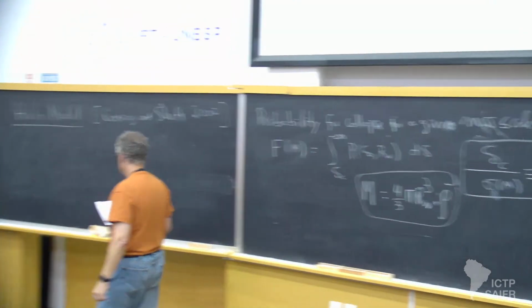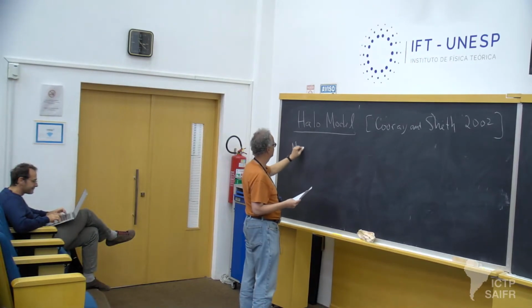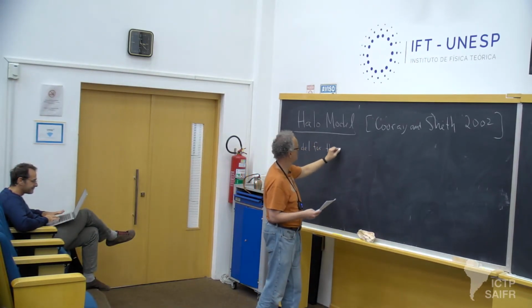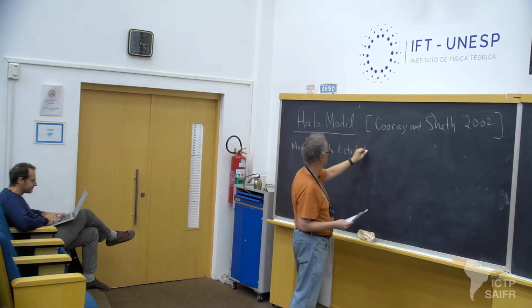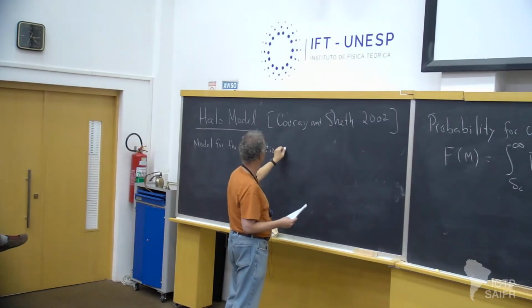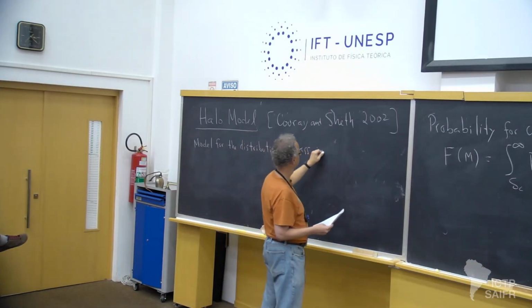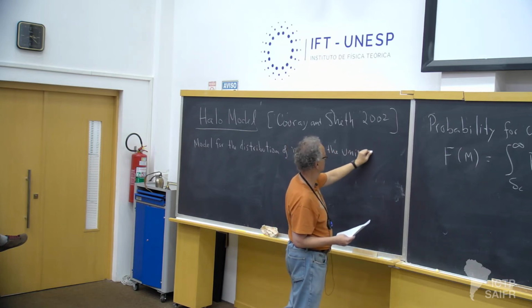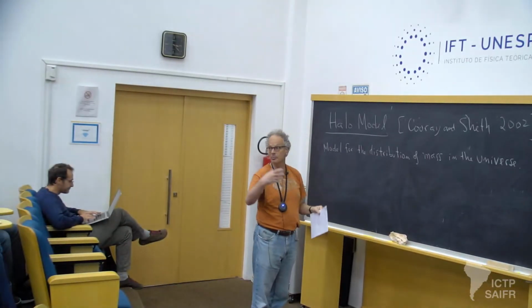So the halo model is a model for the distribution of mass in the universe. So it goes beyond perturbation theory.